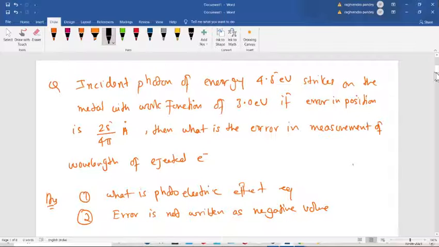Velocity is just 10 to the power 5, so I am writing 2 into 10 to the power 5. Delta v I have to find out. Delta T is given as h, equal to h upon 4 pi. I am not going into the calculation, you can do 1 upon 4 pi into 2 into 10 to the power 5 and all that. Suppose you get something which requires the differential, then only you have to do the differential. That will come in at advanced level.